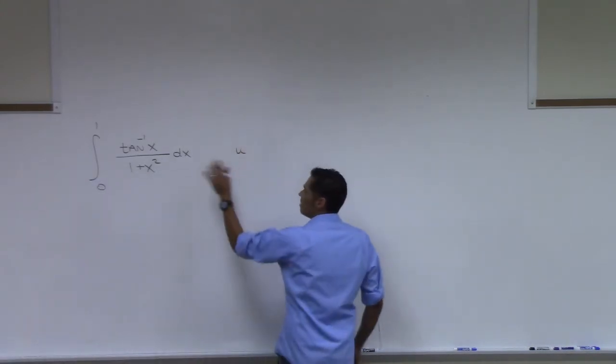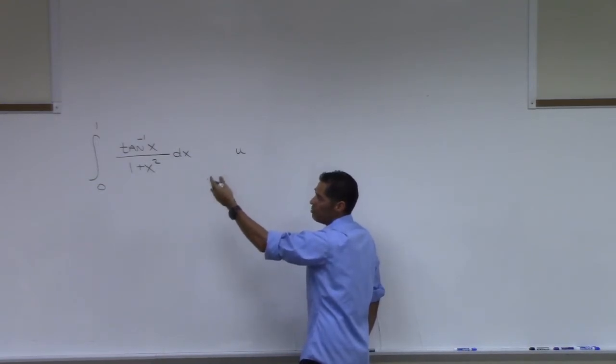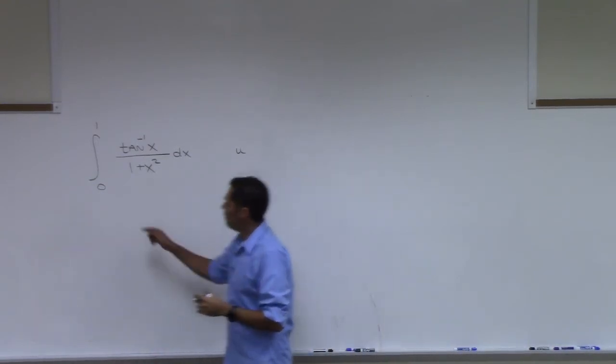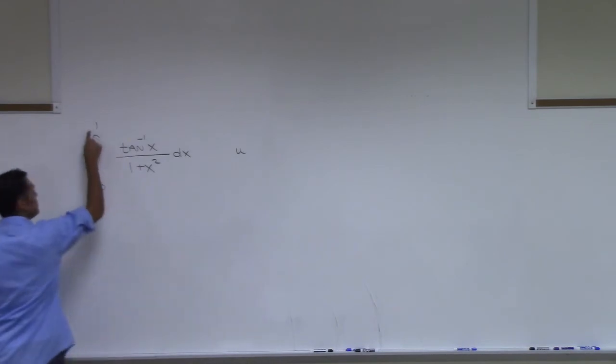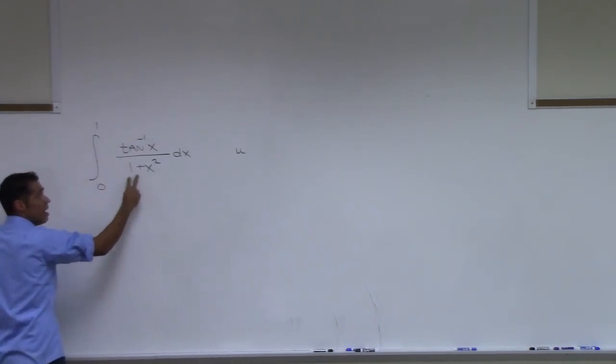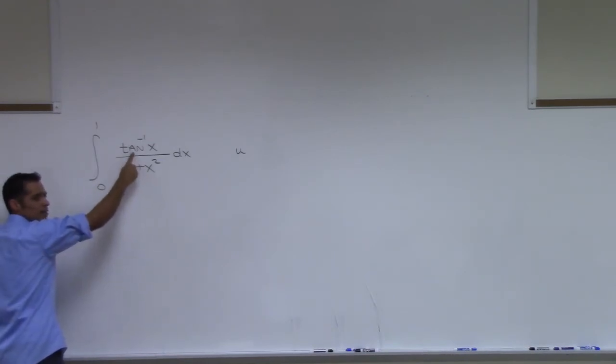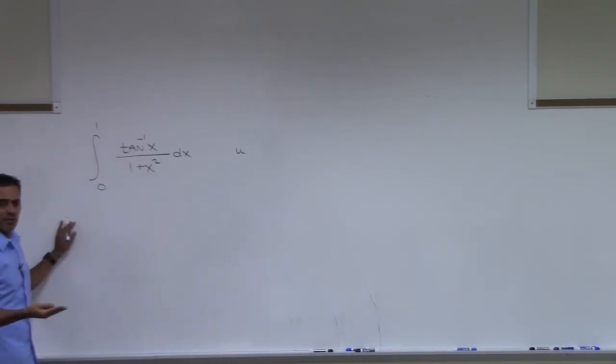But it's a definite integral, right? Do we have any issues at these values? We didn't check. At 0 and every number between 0 and 1, does it cause any problems in the denominator? No. How about up top? Arctan is defined everywhere. How do we know that? You could look at the graph, but you could also think about the range of the tangent function.